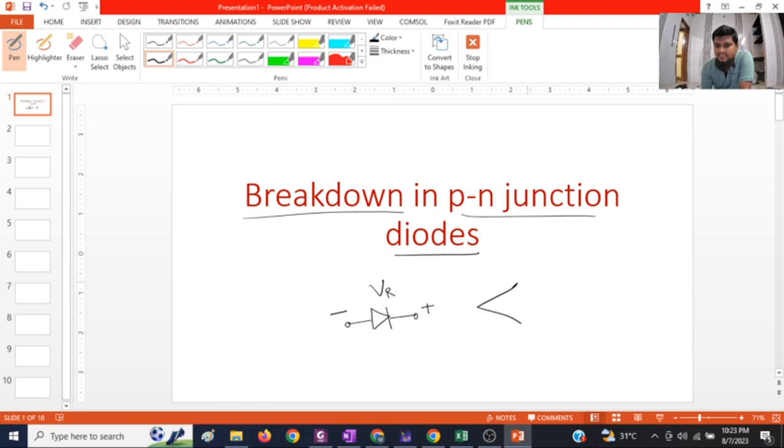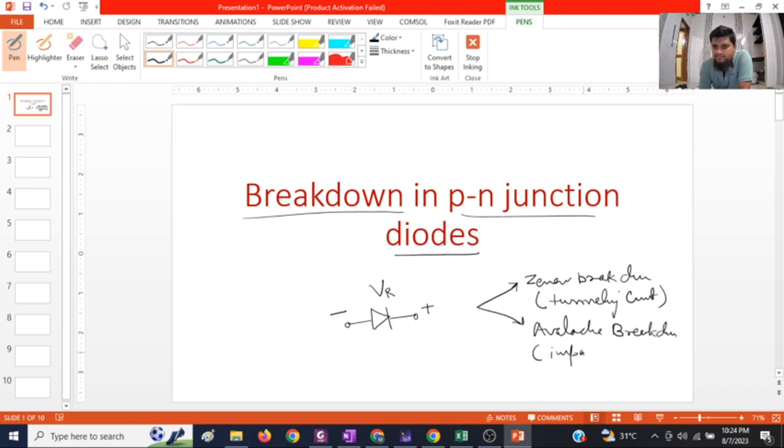One is called the Zener breakdown, which happens because of the increased tunneling current. Another one is called avalanche breakdown, and this is because of impact ionization.